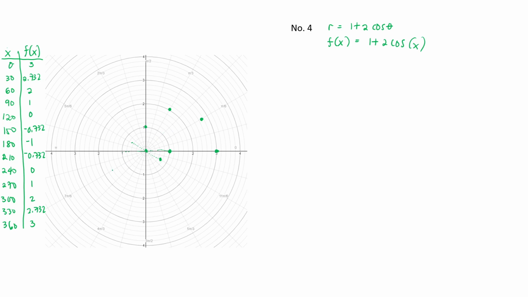Then 7 pi over 6 or 210 degrees is still negative, so going to the other portion, this is the point here. Then 0 again, and then 1 for 270 degrees. So this is 1, then 2, then 2.7, then going back to 3.